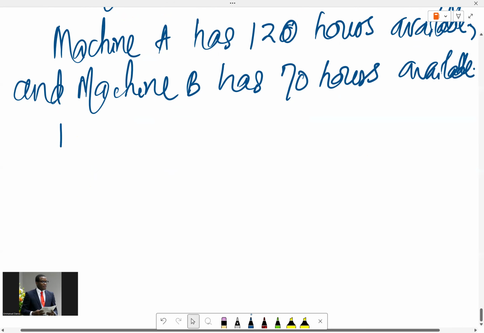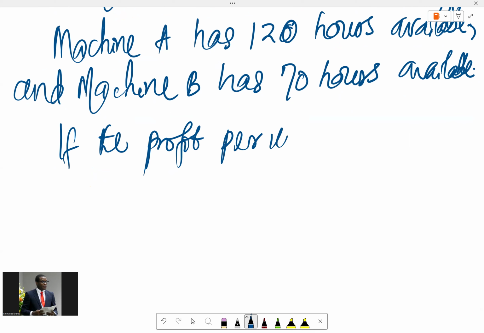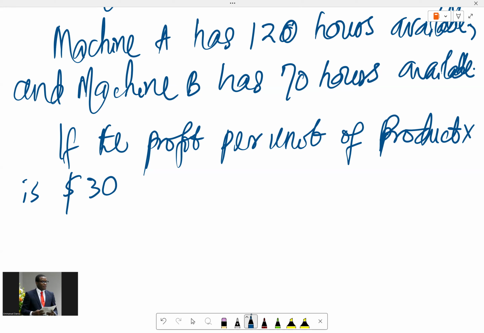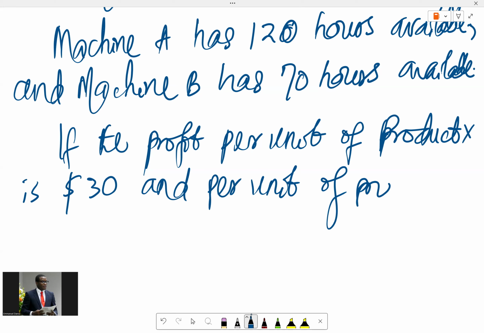Okay. Now, profit. If the unit profit per unit of product X is $30 and per unit of product Y is $40.